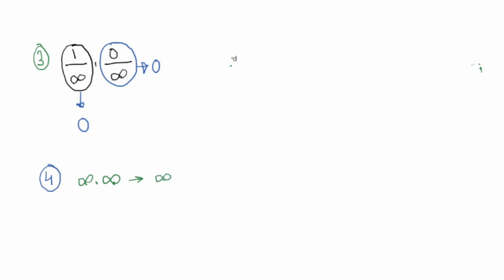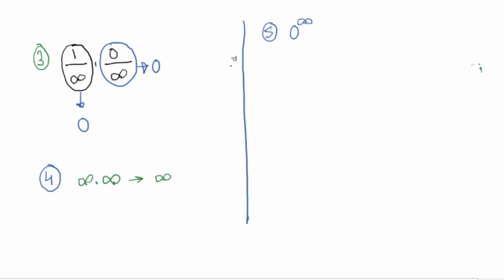The fifth property is 0 power infinite. You may see this in any questions of limits or differentiation, but here we are talking about limits.